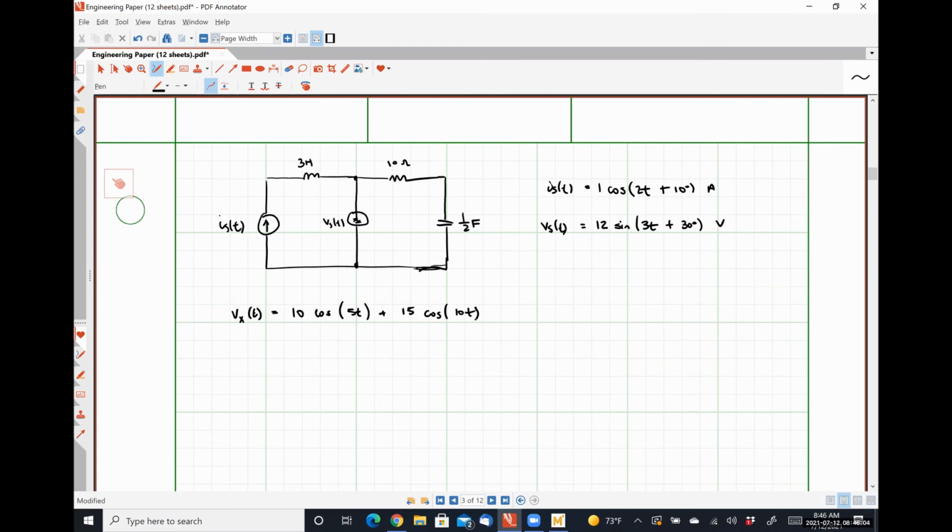How could we combine them? The short answer is we can't, right? So that's why we have to use superposition here, but we have to be very careful with our application of superposition as well.